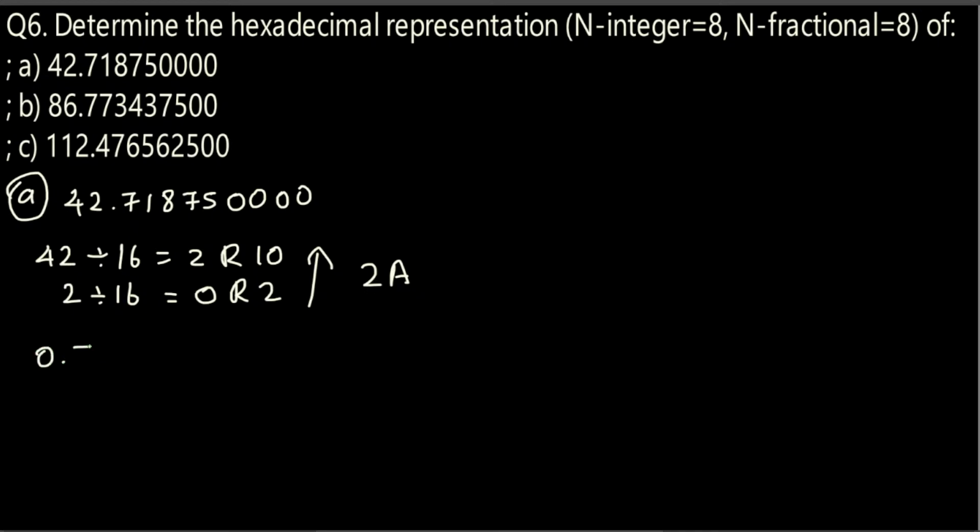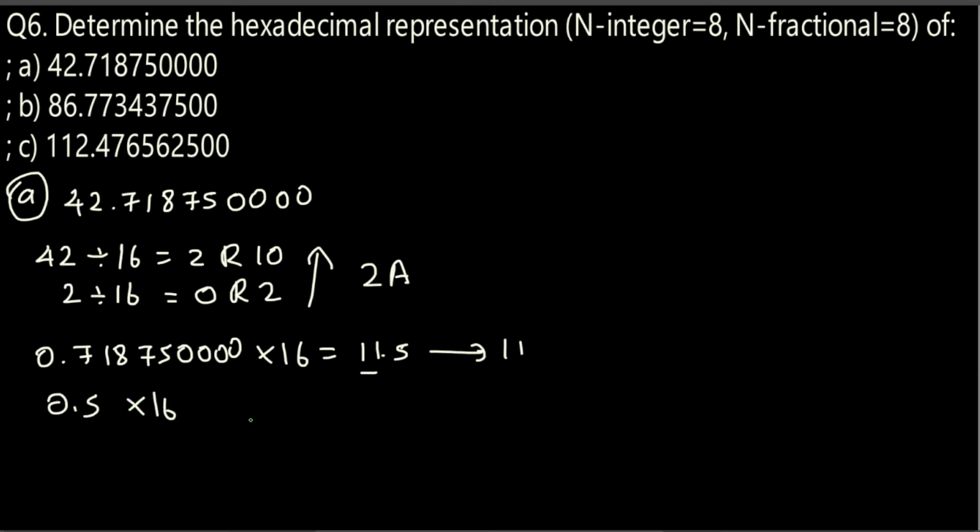So here 0.71875, we multiply this by 16, and that gives us 11.5. We have 11 in front of the decimal point, so we put that right here. Then 0.5 multiplied by 16 gives us 8.00.